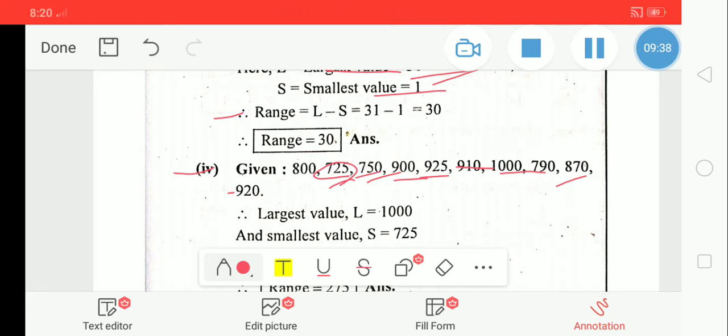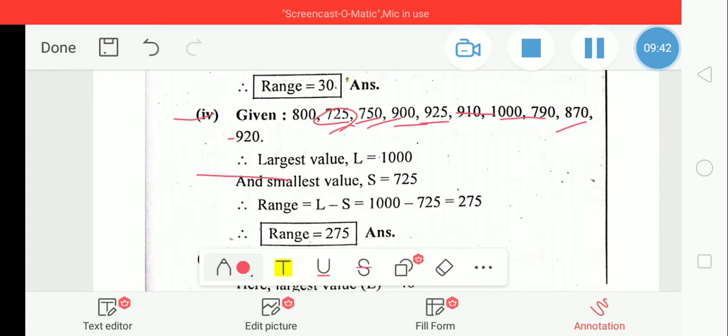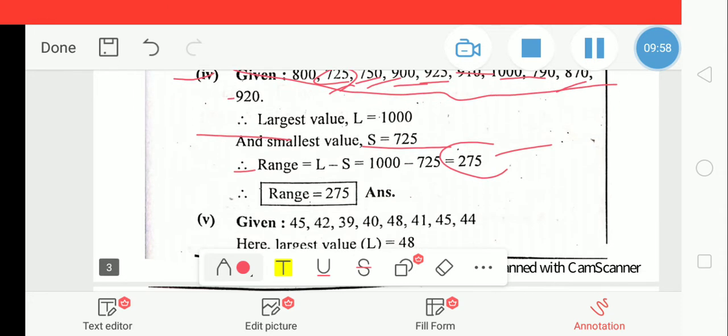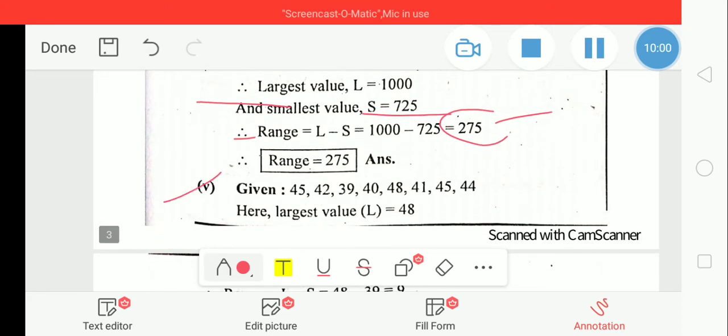So L is equal to 1000 and S is equal to 725. Range is equal to L minus S, that is 1000 minus 725, which gives 275. So 275 is the range of this distribution.